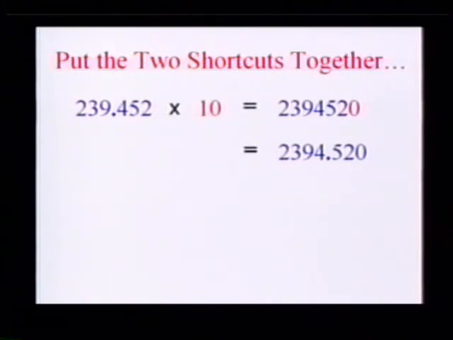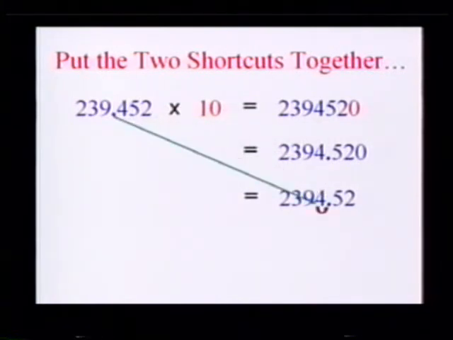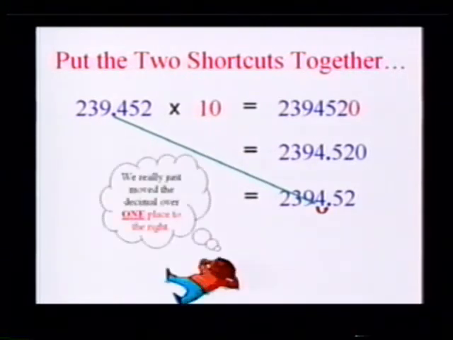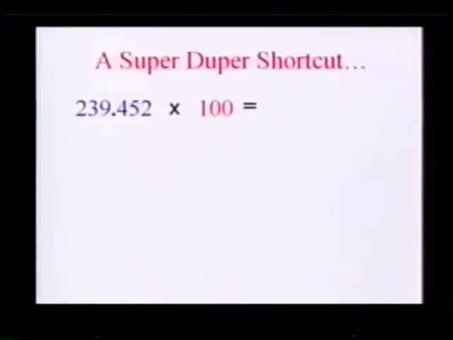And we get 2,394 and basically 520 1,000ths, or you could say 52 100ths. Get the idea? Now what happened there? What really happened was I moved it over from its original spot only one place. Cool. That's a nice shortcut.